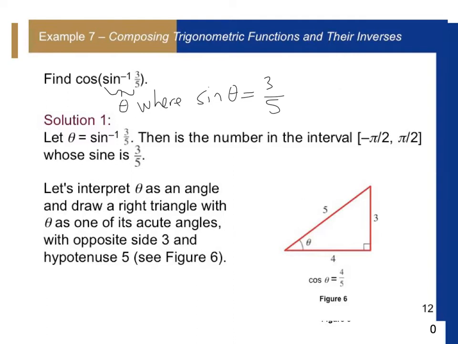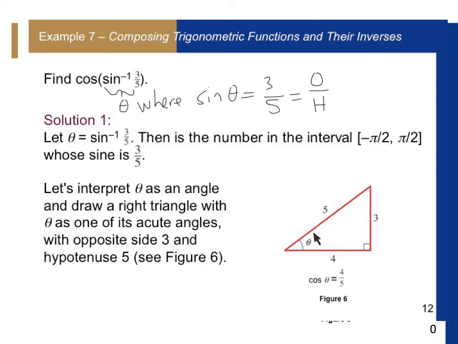Which means that's the opposite over the hypotenuse of our right triangle. If our sine is equal to 3/5, then we're given two sides of our right triangle. With our theta here, our 3 would be the opposite and our 5 would be the hypotenuse. And we just have to find that third side. Now we can use a squared plus b squared equals c squared to get 4 here, right?